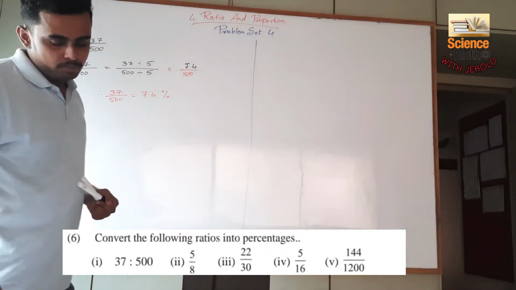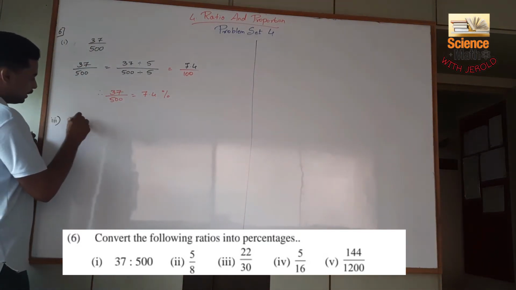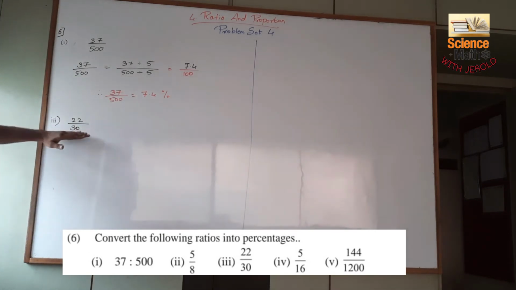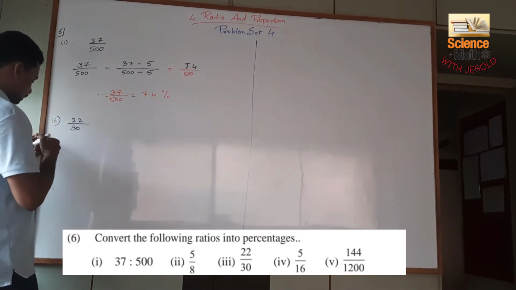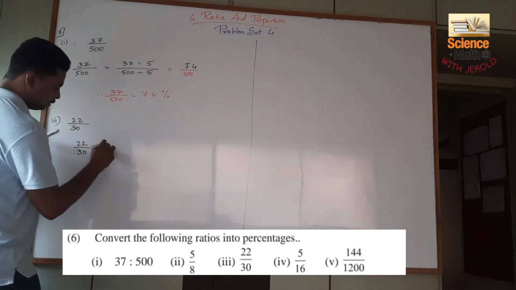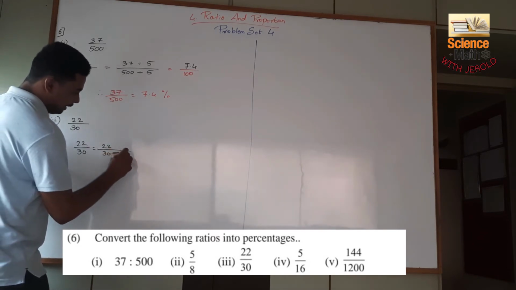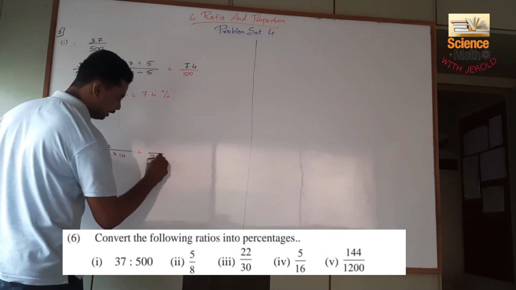Now let us see sub question 3. 22 divided by 30. Now if you observe, I cannot convert 30 into 100 directly. So first thing, we bring 30 into its hundreds. What I do is 22 upon 30 is equal to 22 upon 30 multiplied by 10, which will give me in the denominator 300.